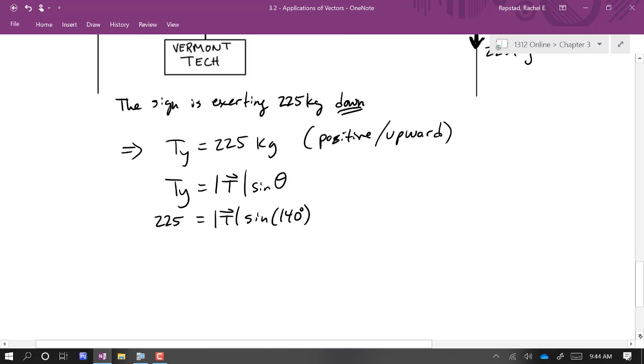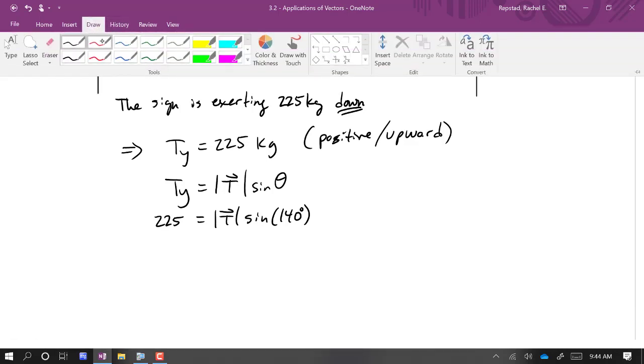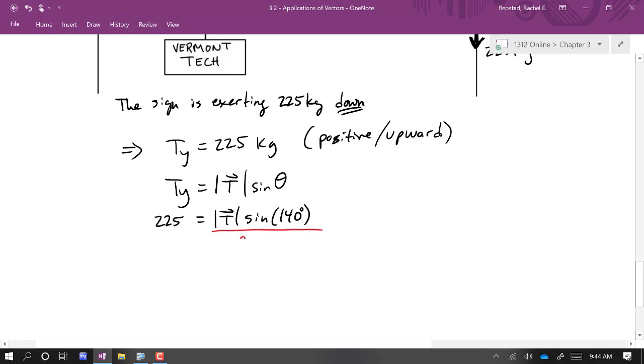And this is what's going to allow us to find the magnitude of that tension, which is what we're after. They asked us to find the tension in the cable. We already know the direction, so that means we just need to find the magnitude. And we'll do that just by dividing both sides by sine of 140 degrees.